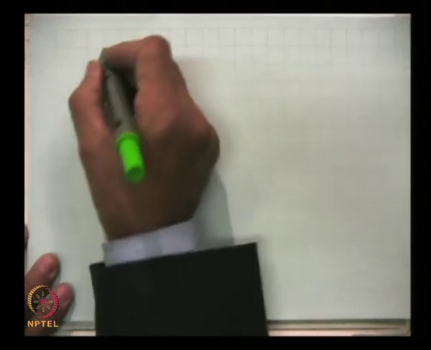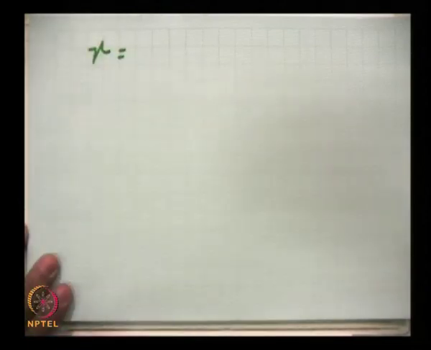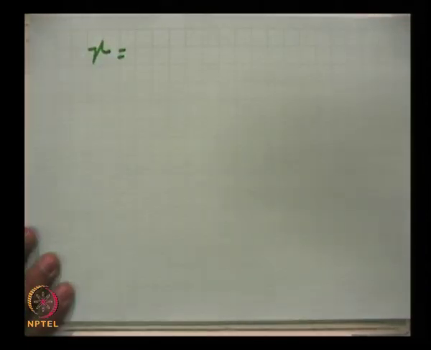Now, how do we define the emitter efficiency, that is gamma? We have talked about currents earlier, and we have seen that emitter current has 2 components.